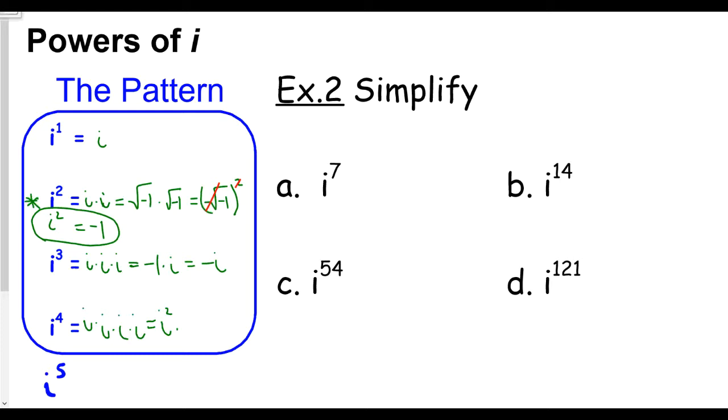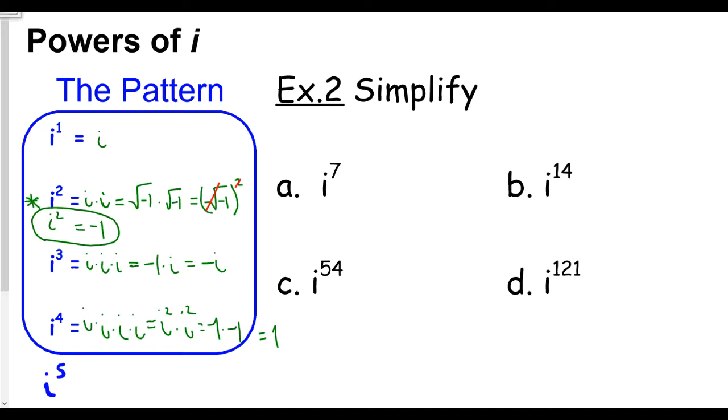And then we're multiplying that by another i times i, which is another i squared. What does i squared equal? Negative 1. What does the other i squared equal? Another negative 1. And what's negative 1 times negative 1? Positive 1.